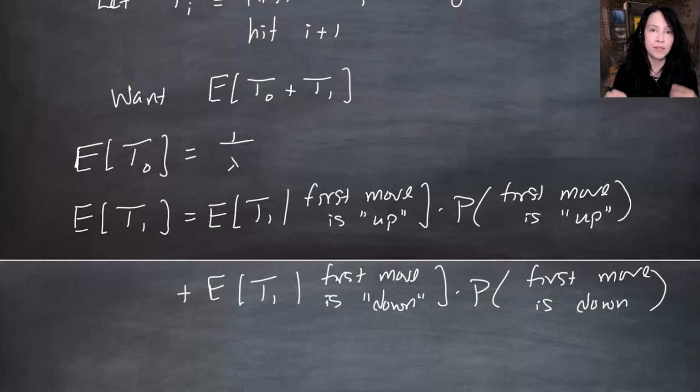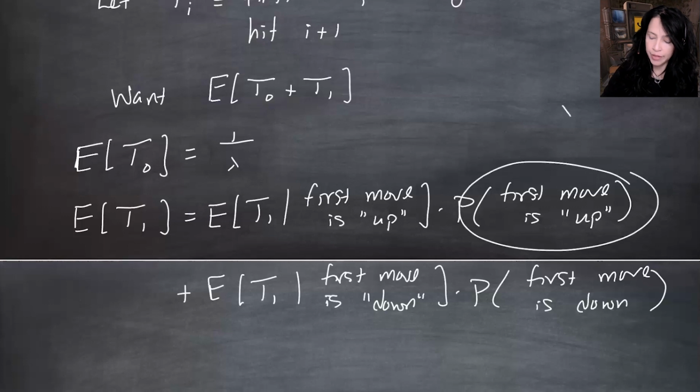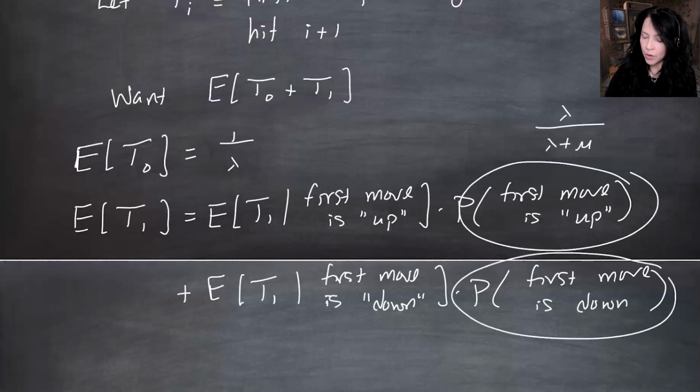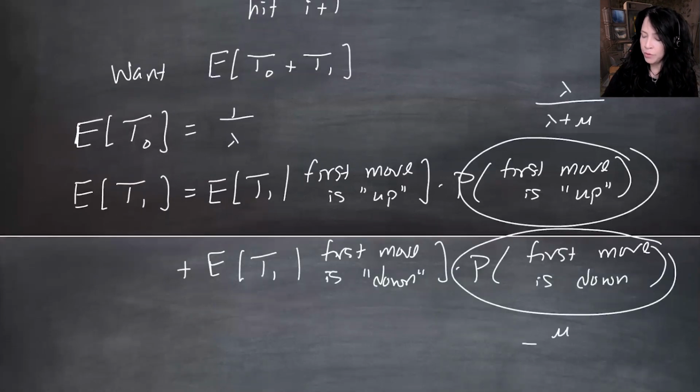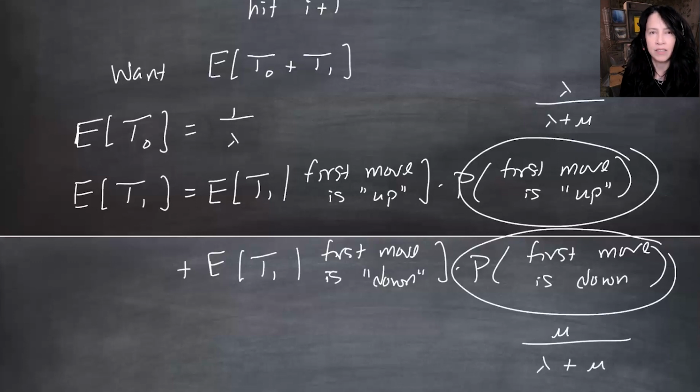So the time until the next transition is exponential with rate lambda plus mu, from the minimum of those 2 exponentials. The probability that you go up is the relative rate of going up, lambda over lambda plus mu, and going down is mu over lambda plus mu. We talked about that a lot back when we talked about bugs racing.